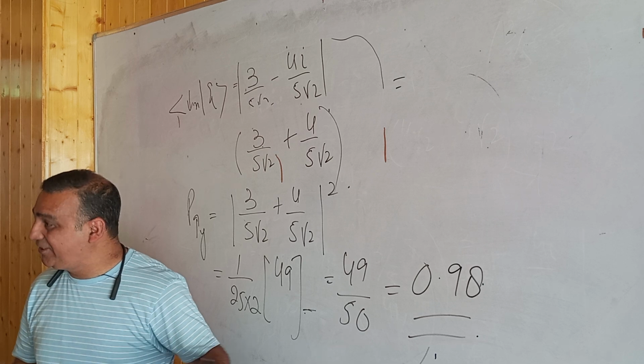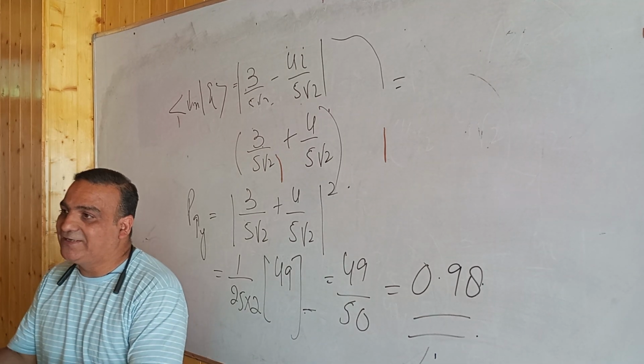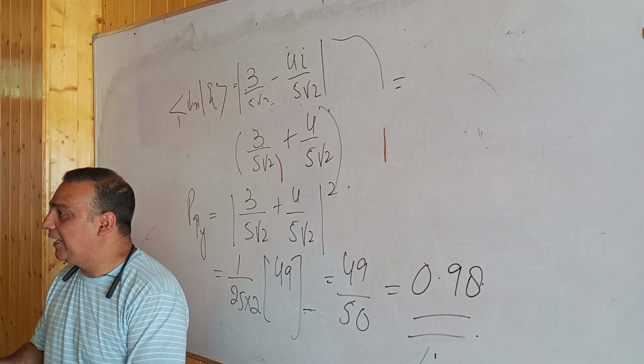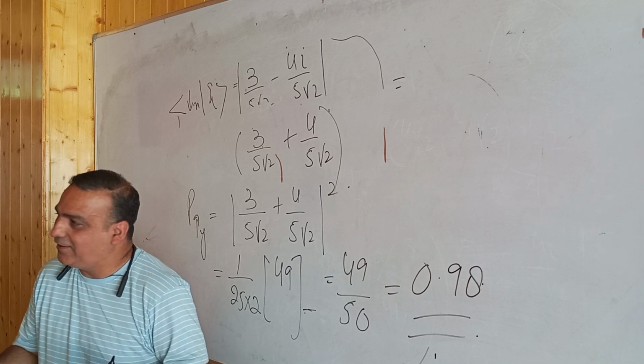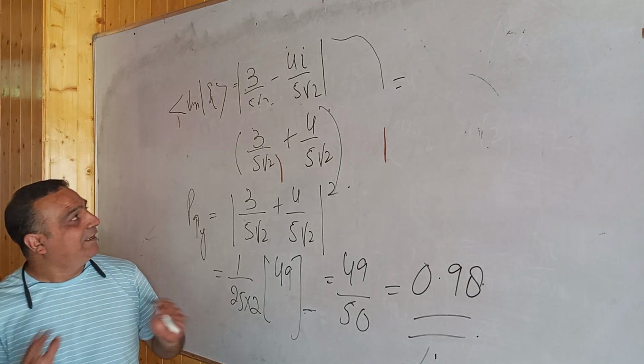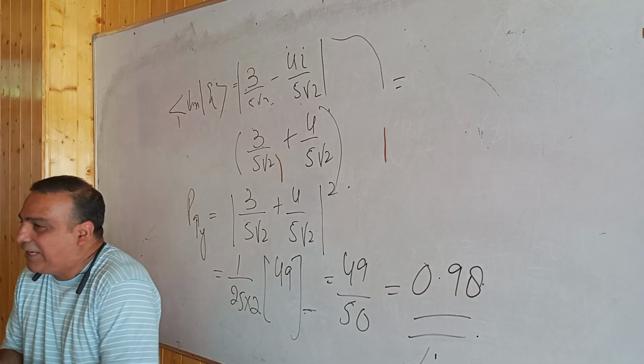So you can proceed with the same calculations to calculate the probability of having spin down along y. Getting my point? So this is a new analytical way of solving the problem, a very primary kind of thing we have used.